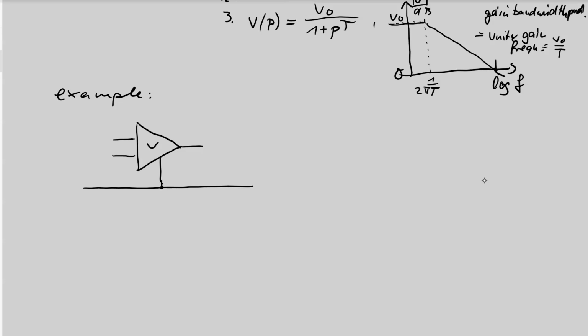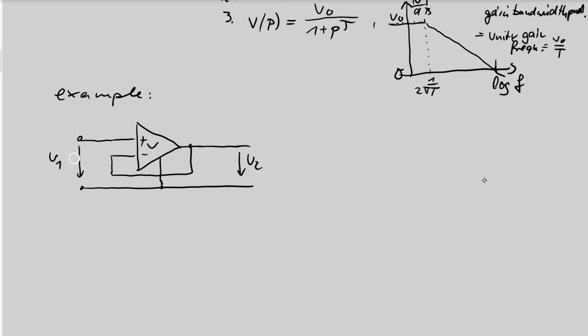Then we connect our input voltage with the positive input pin. This is U1. The negative input pin is connected to my output pin, and then I have an output voltage U2. And the question is, what kind of amplifier is this?